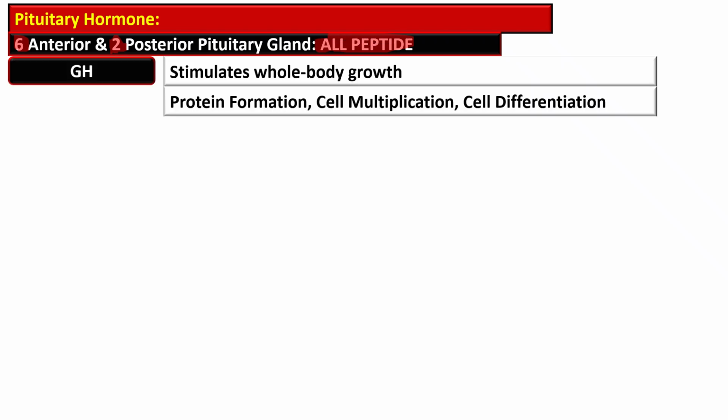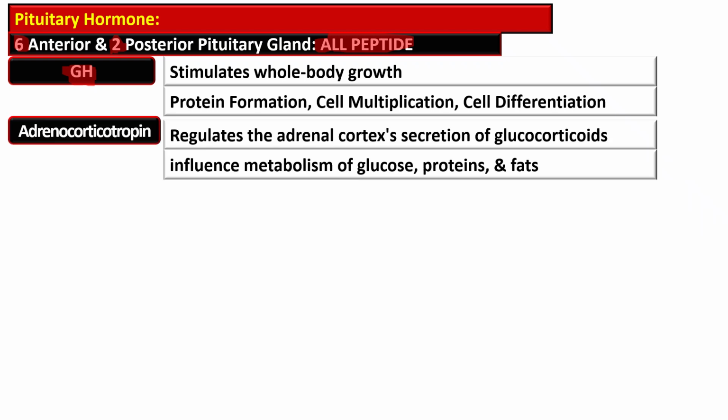The growth hormone stimulates whole body growth, through protein formation, cell multiplication, and cell differentiation, while adrenocorticotropin regulates the adrenal cortex and the secretion of glucocorticoids.